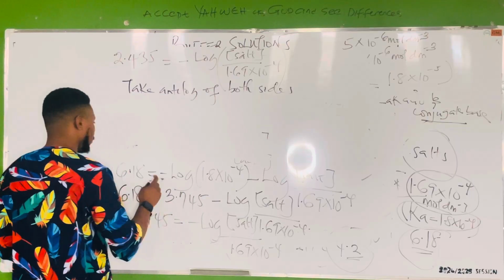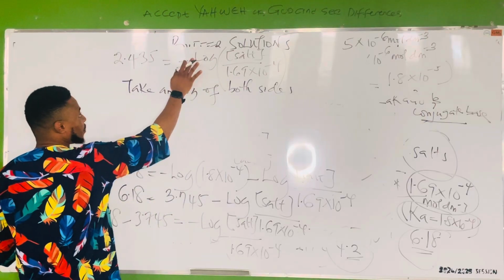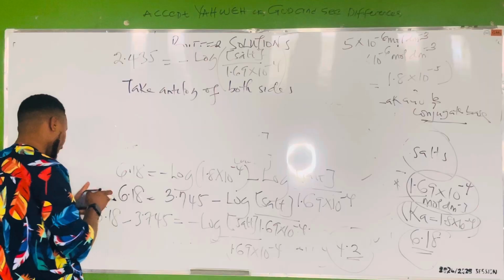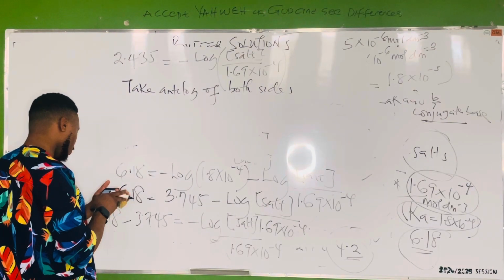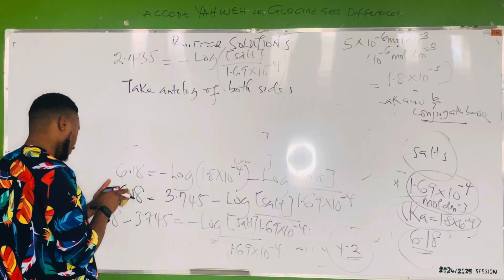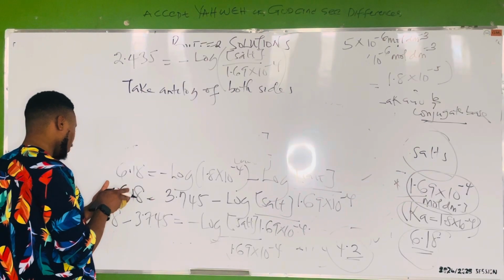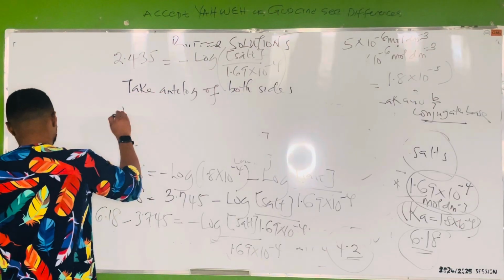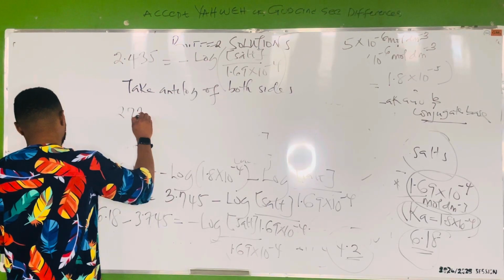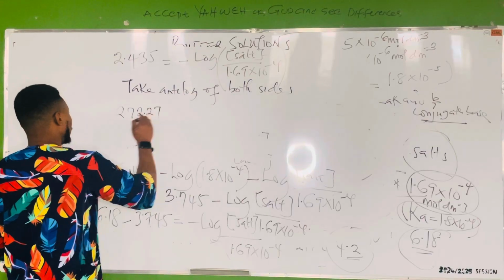So we will now have the antilog of 2.435. Shift log, then 2.435. So we'll have 272.27.